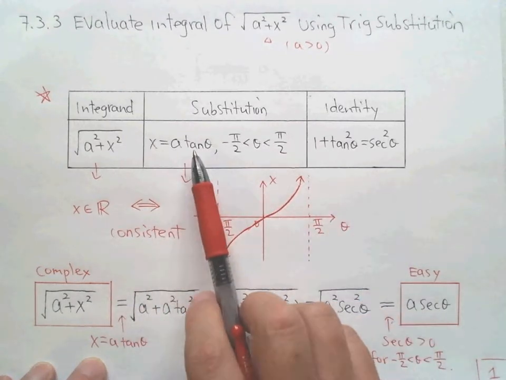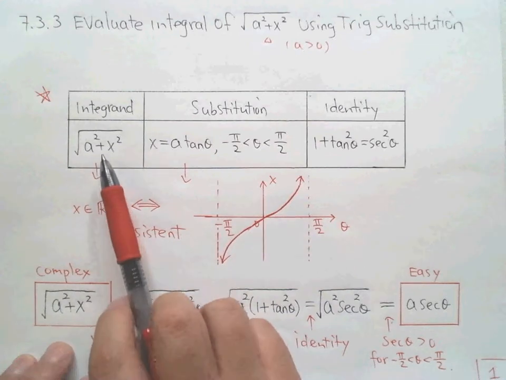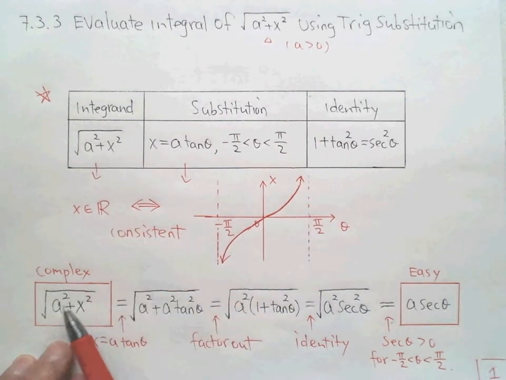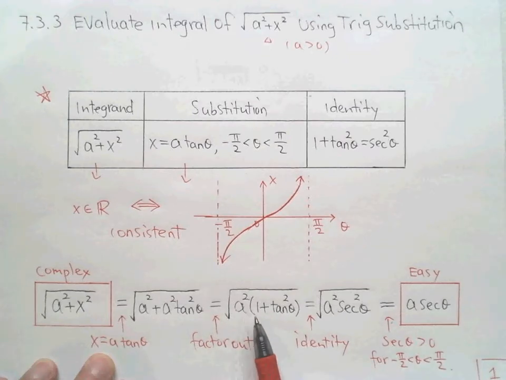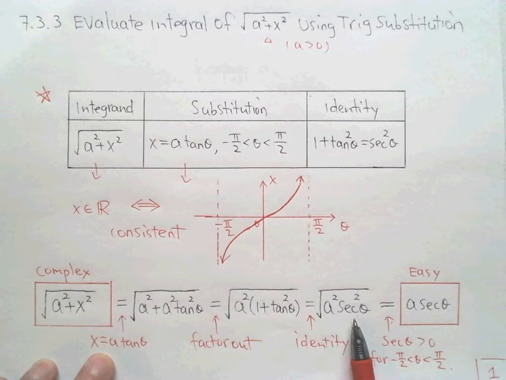We're going to look at the complicated integral first, square root of a squared plus x squared. If we use this suggested substitution and plug in, we will get this. With a squared factored out, we will get this. 1 plus tangent squared is secant squared, the Pythagorean identity. Now take the square root. The square root of a squared goes back to a times secant.